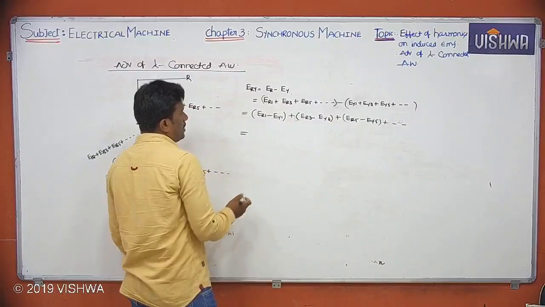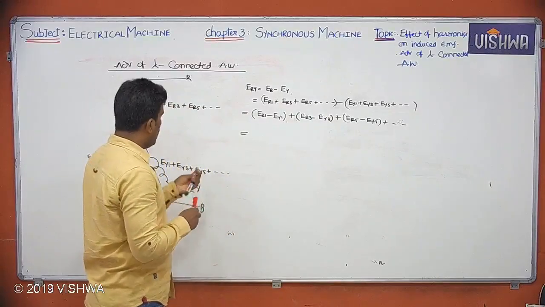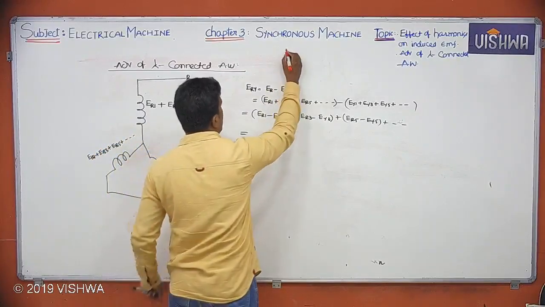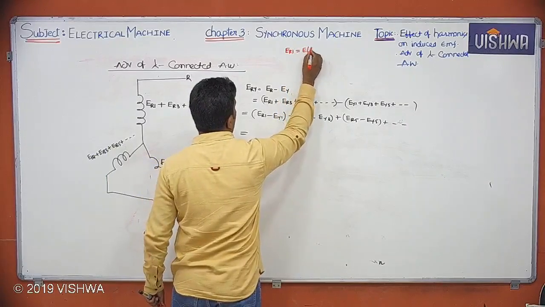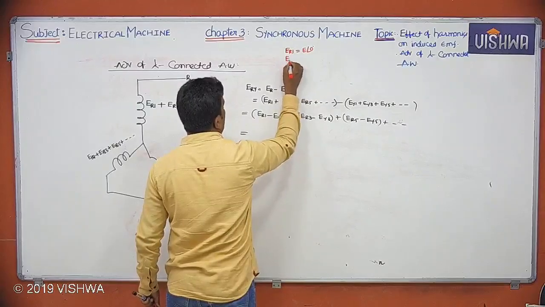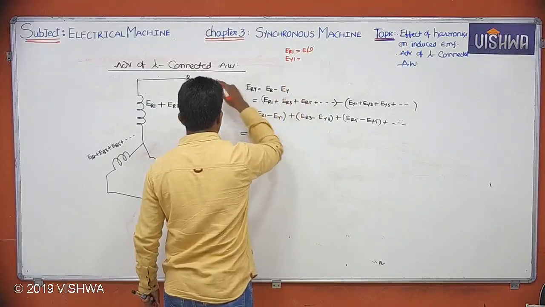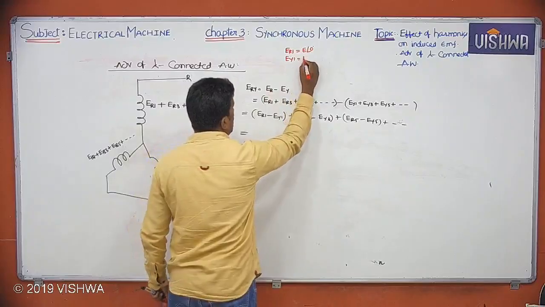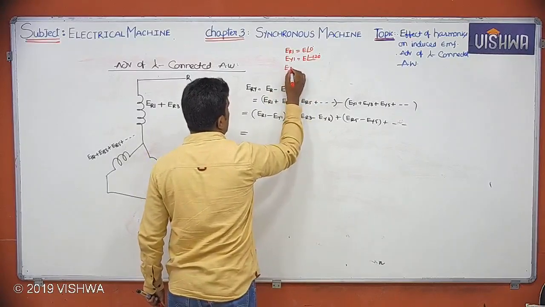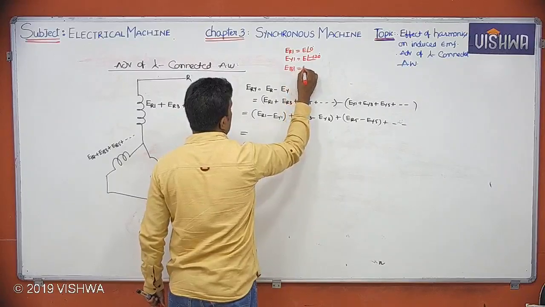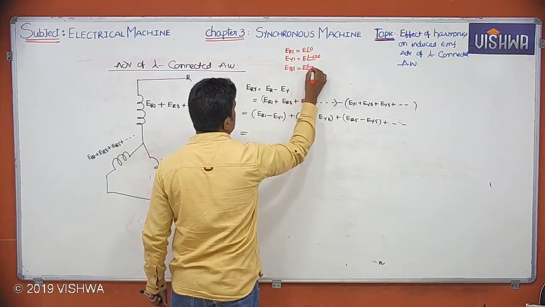Now tell me guys, suppose ER1 value is E at an angle of 0, what is the EY1 value? If I take RYB phase sequence, E at an angle of minus 120. What about EB1? E at an angle of minus 240, or I can say plus 120, whatever.